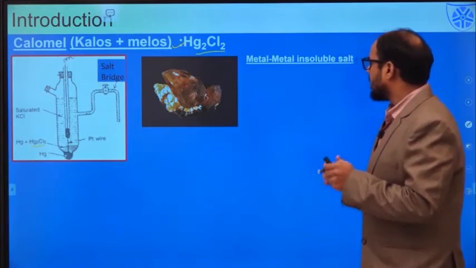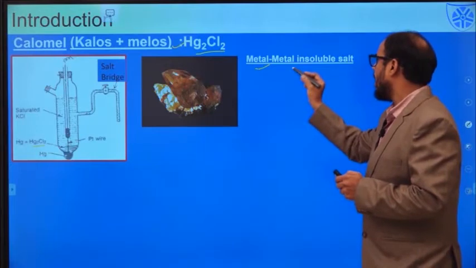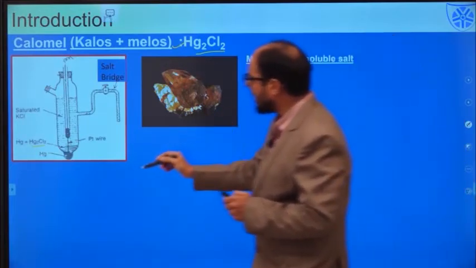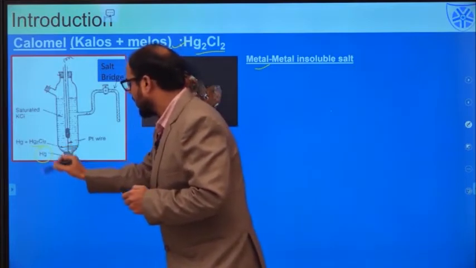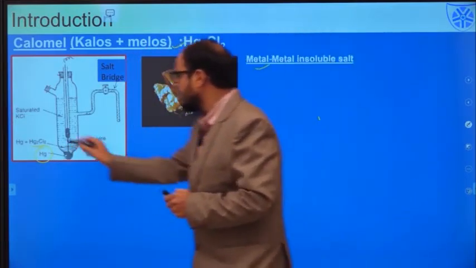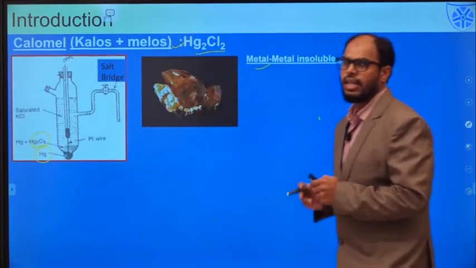And this, as I told very clearly, is one of the categories of metal insoluble salt electrode, where the metal used is mercury, which is a liquid metal, and the insoluble salt of the metal is the solid paste of mercurous chloride, that is Calomel.